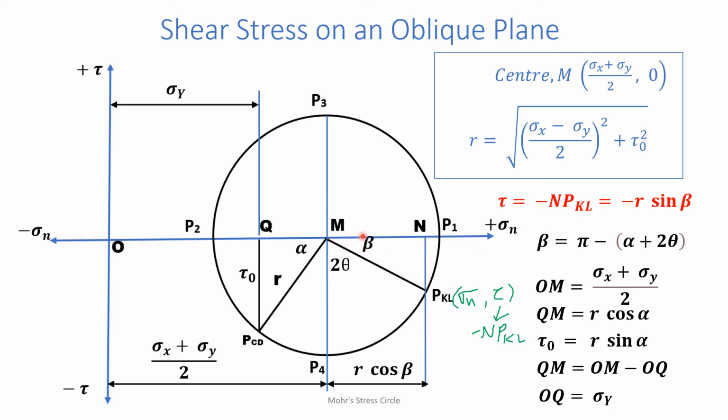If we pay attention to this triangle M and M N PKL, MPKL is the radius and NPKL is the perpendicular, so the NPKL value will be R sin beta. So we substitute NPKL as minus R sin beta. The rest of the observations are the same as we have taken in the previous slides.